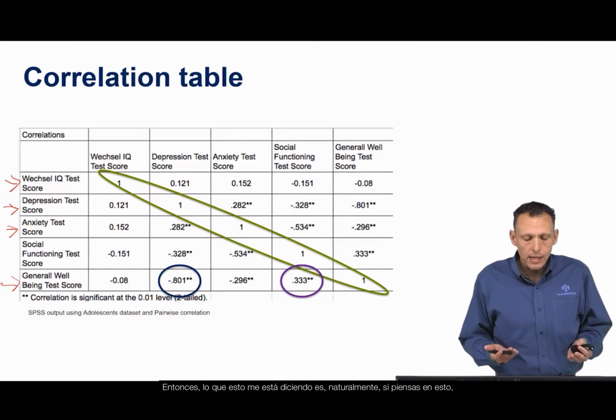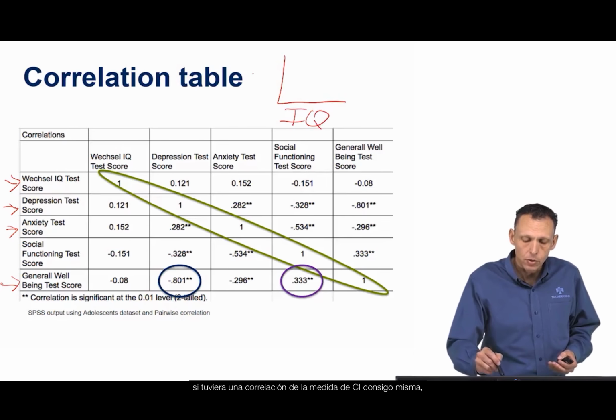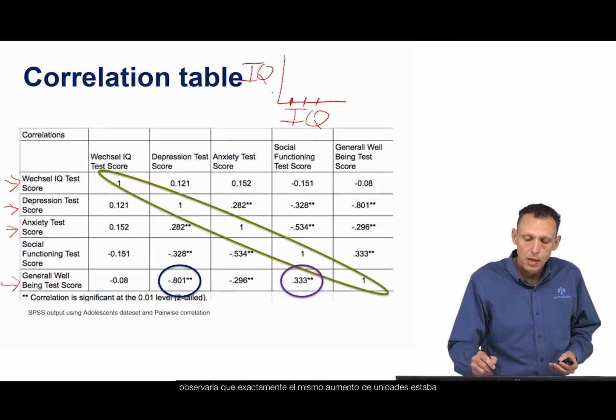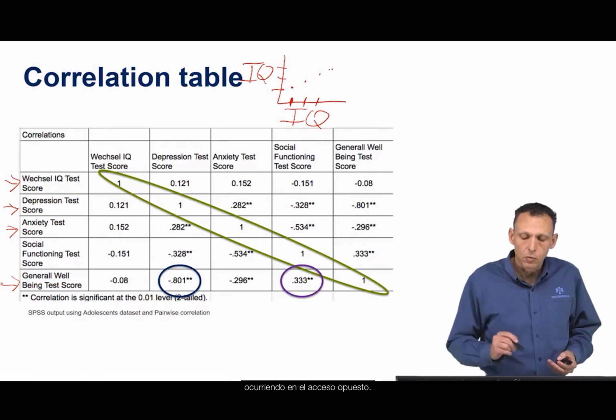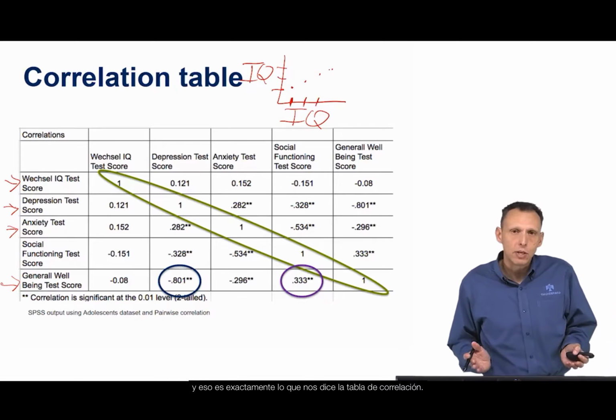Naturally, if you think about this, if I had a correlation of the IQ measure to itself, every time I had an observation of an increase in IQ of whatever the measure was, I would observe that the exact same unit increase was happening on the opposite axis. In other words, all those points were perfectly lined up. And that's exactly what the correlation table is telling us.